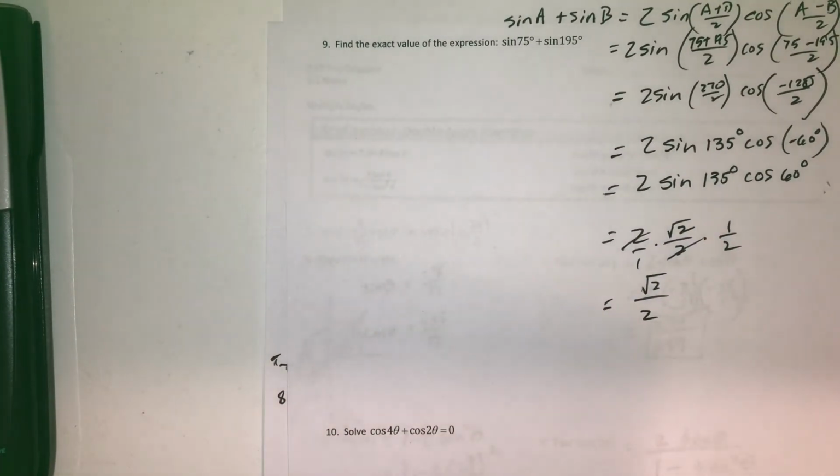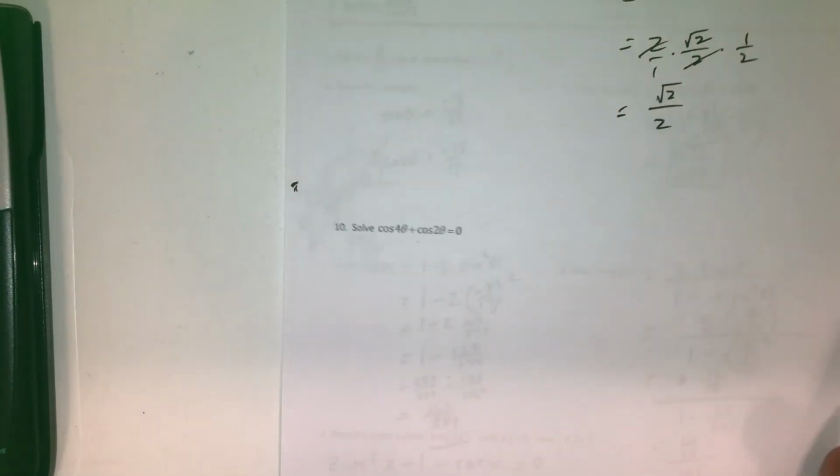All right, last problem. We are going to solve the equation: the cosine of 4 theta plus the cosine of 2 theta is equal to 0. Well, that's the sum of 2 cosines.